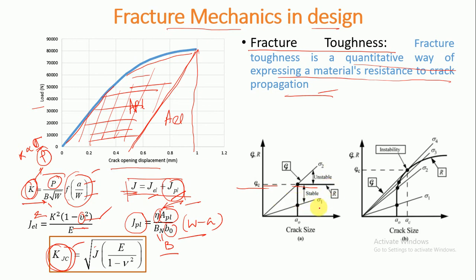and if we have two loading paths, sigma 1 and sigma 2, and the initial crack length A0, we can make a statement about whether sigma 1 or sigma 2 is in the unstable zone or the stable zone, because if the crack goes further, sigma 2 falls in the unstable zone and sigma 1 falls in the stable zone.